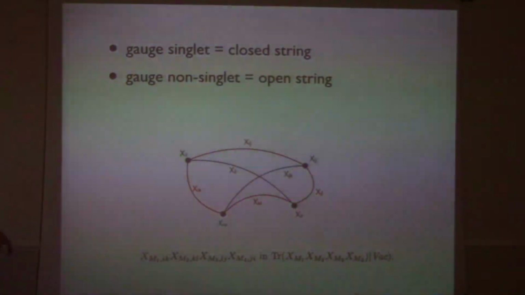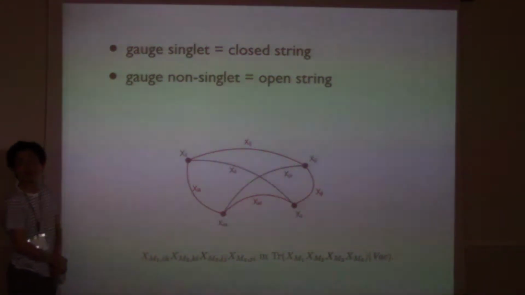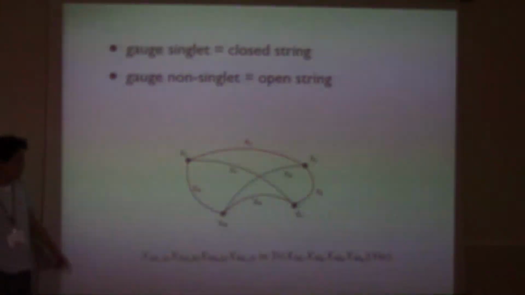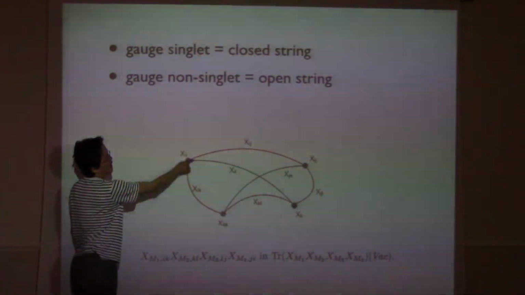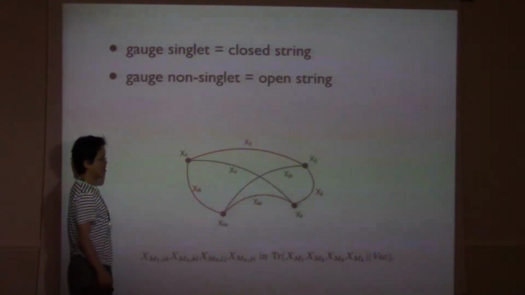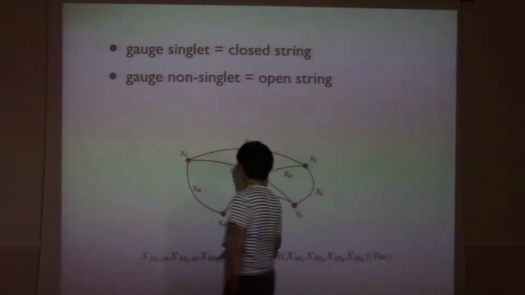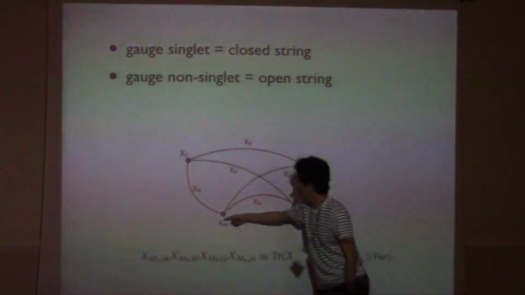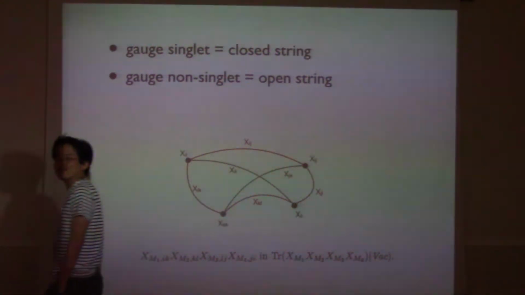In a gauge non-singlet, we don't have this cyclic pattern of indices. Intuitively, starting with the ith D-brane, the ik component describes an open string connecting the ith and kth D-brane. So you have this open string, this open string, this open string, and this open string, and it always comes back to the same point.